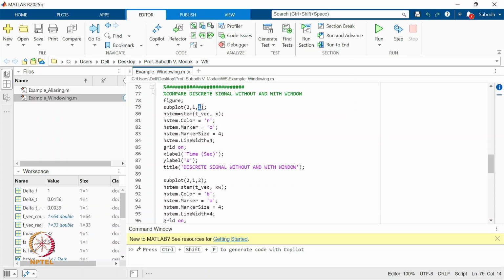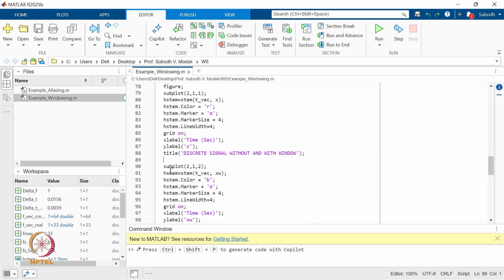So, of the 2 rows, in the first row we are going to plot the signal without window, okay. So, subplot 2, 1, 1 means divide the figure into 2 rows and 1 column and use the first row of that. And now here you can see I am making a stem plot of the signal without window x.